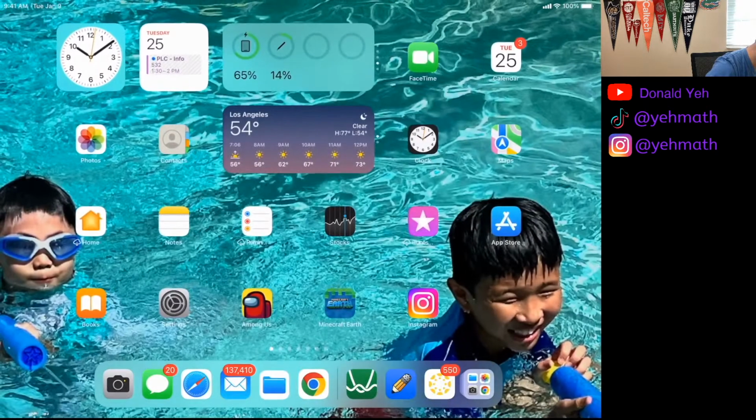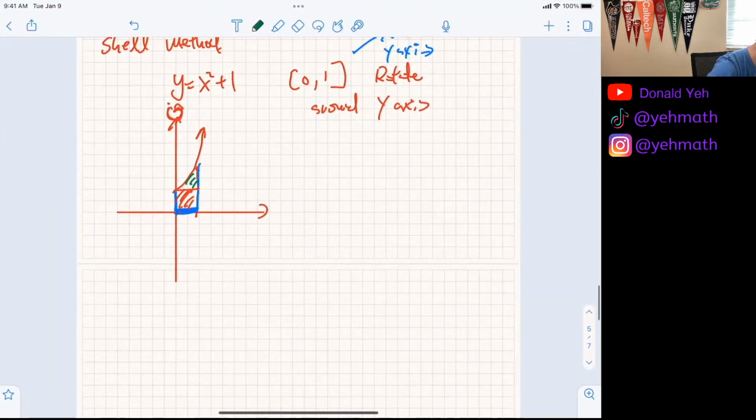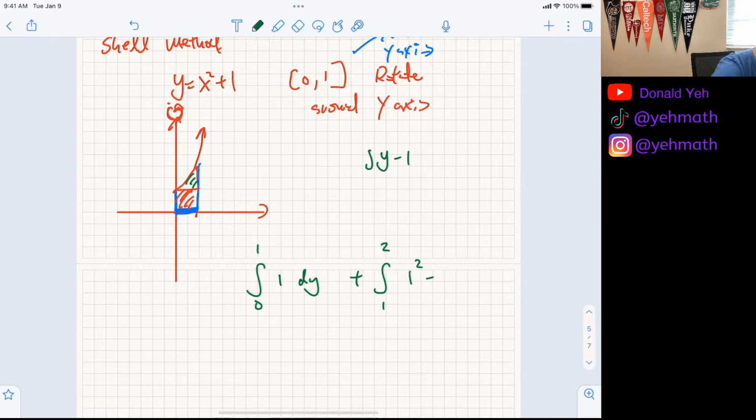y equals x squared plus 1, from 0 to 1. So here it's gonna be the integral of y from 0 to 1 dy, plus the integral from 1 to 2. The top part of the graph is 1 squared minus the square root of y minus 1, squared. So it's gonna be the square root of y minus 1, squared, dy.